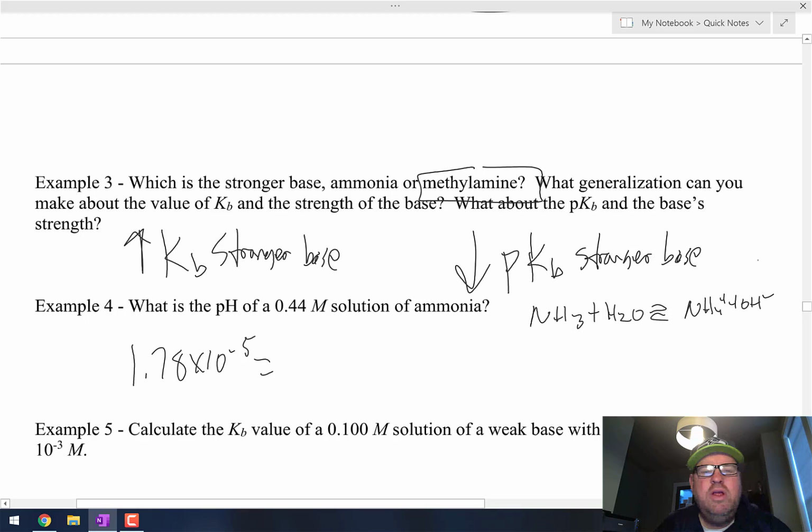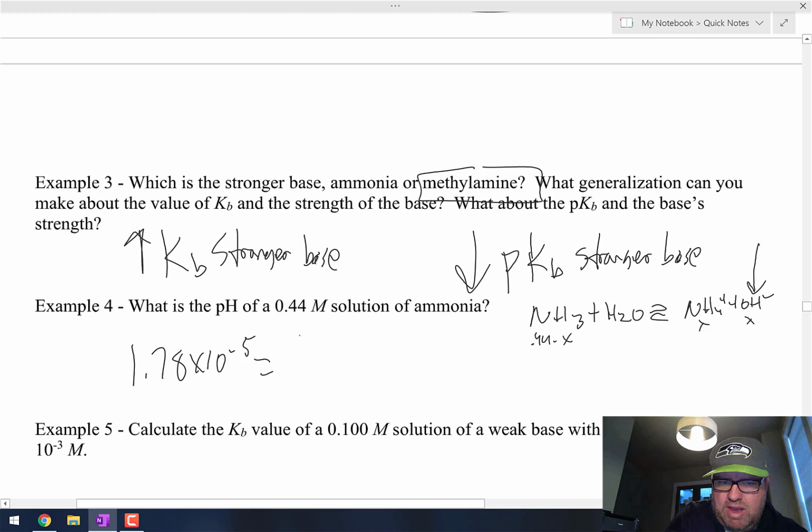And remember, the pH is based on the hydrogen ion concentration, which means the hydrogen ion concentration is going to be based on the hydroxide ion concentration. So without doing an ICE table, we know this one's going to be X, this one's going to be X, this is going to be 0.44 minus X.